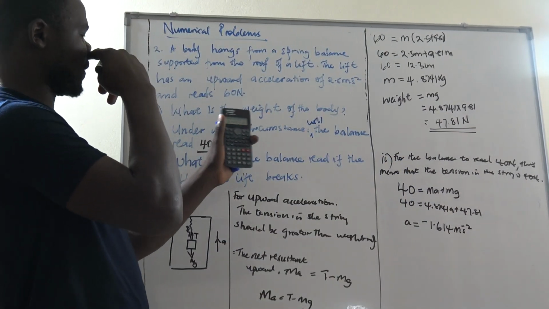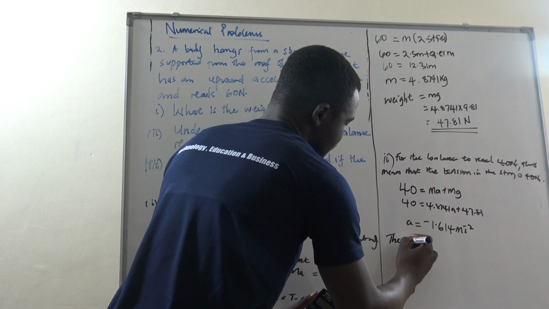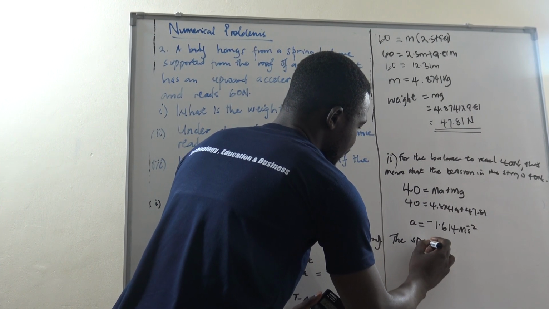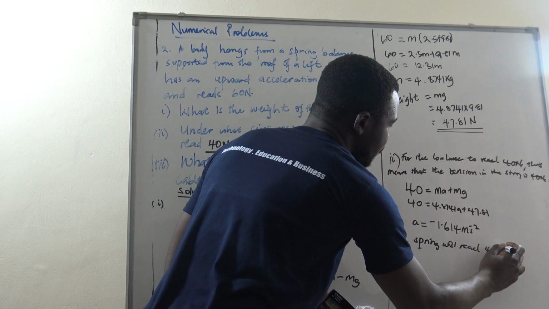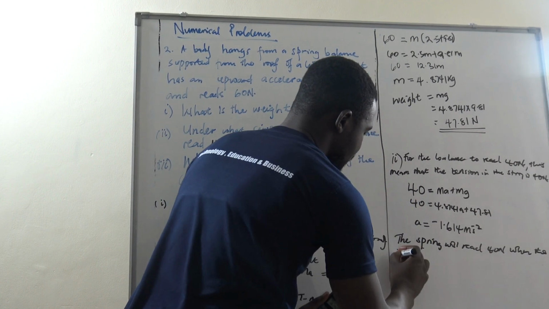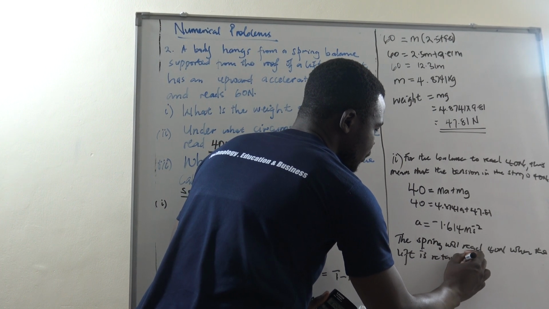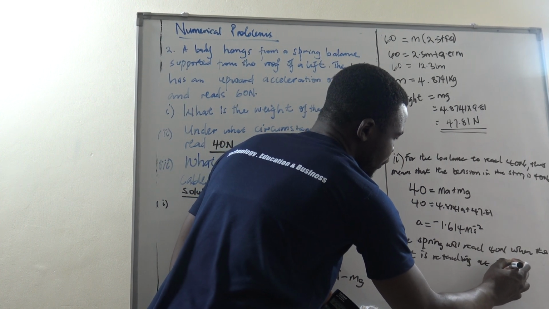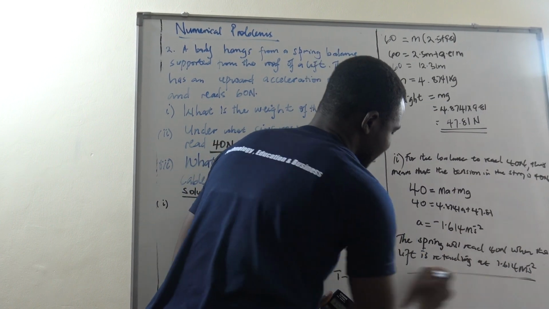So under what circumstances will the spring ballast read 40 newtons? When the lift is retarding at 1.614 meters per second squared.